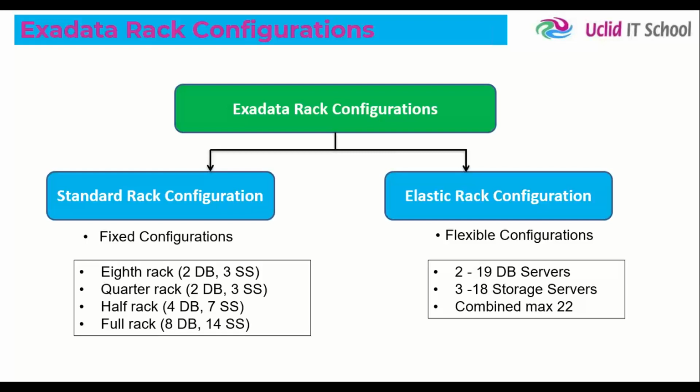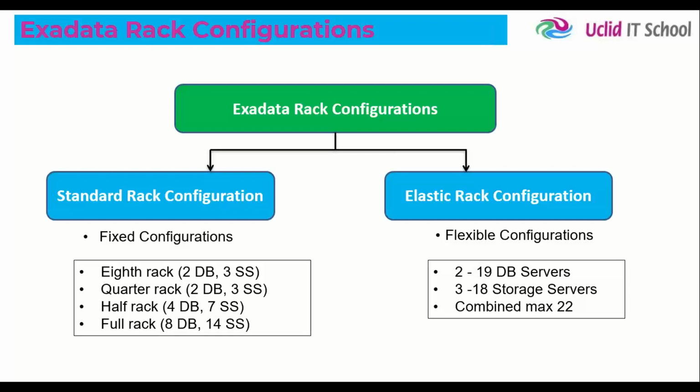After all, the customer is paying, so why fix the configuration? Let the customer choose what they want. Give them a free hand to decide how many servers they want inside the rack, how many CPUs they want, how much memory they want, how much storage they want. After all, they are paying for that. So that is where Oracle introduced elastic rack configuration.